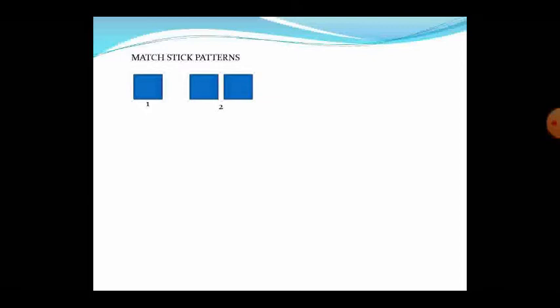Like that, if you have to arrange 2 squares, how many matchsticks are needed? 4 plus 4 is 8 matchsticks. Like that, for 3 squares, how many matchsticks would you need? Instead of counting, there is a rule, and that is called algebra. What is that rule?